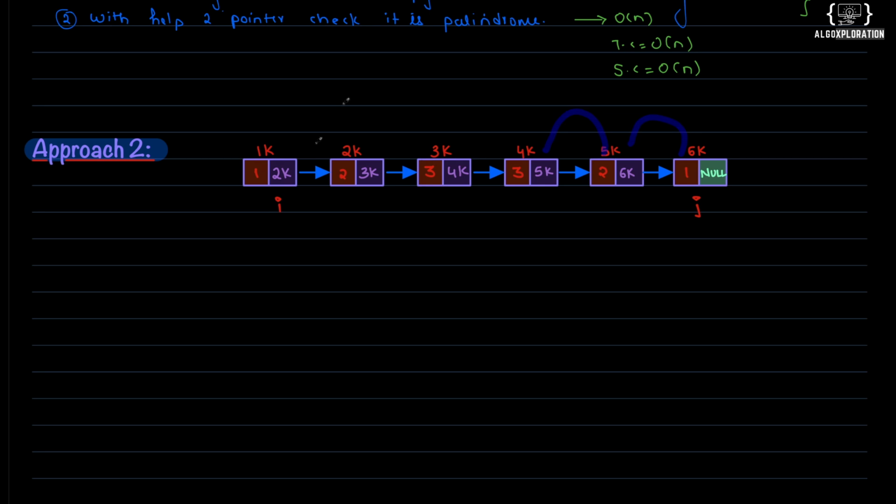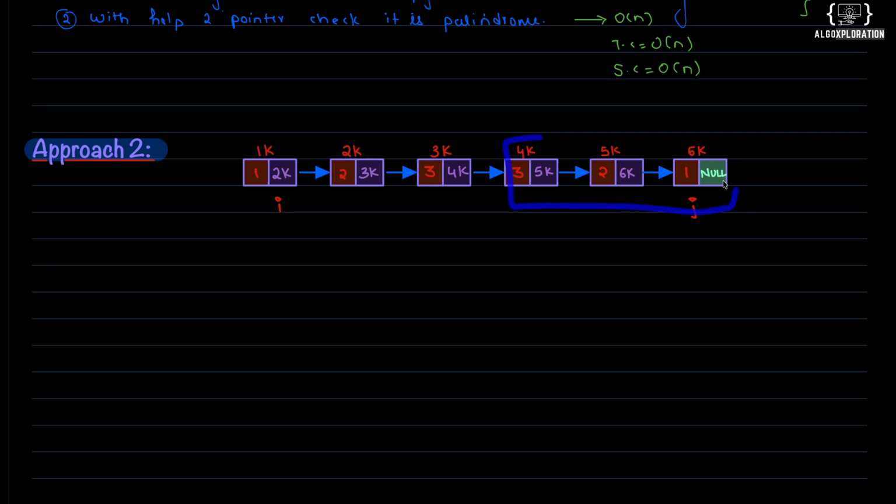Then when my j is pointing to the last node, with the help of this I am able to traverse backward. So I need to reverse only this part so that 1 will be pointing to 2, 2 will be pointing to 3, and 3 will be pointing to null, because this will be the last node. I already told you how we can reverse the linked list.